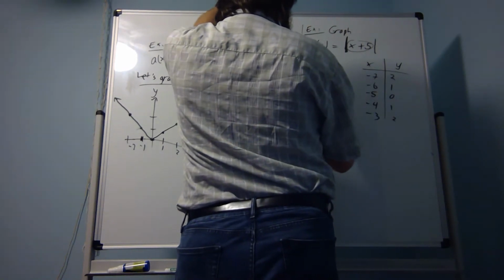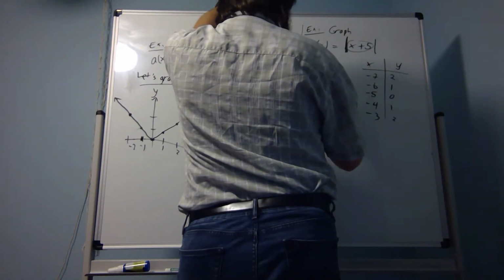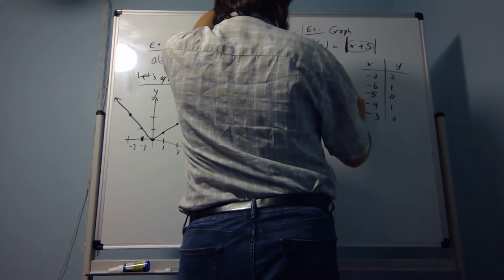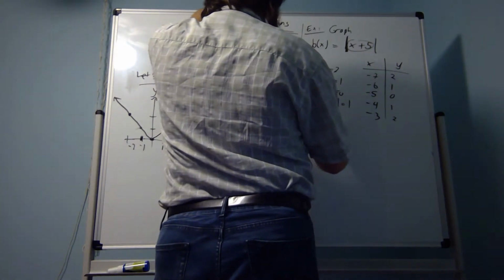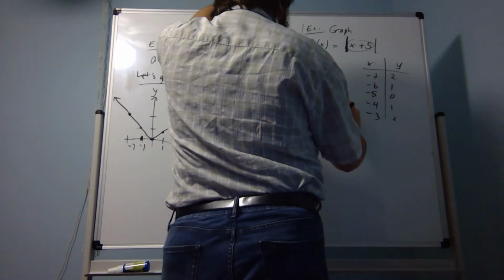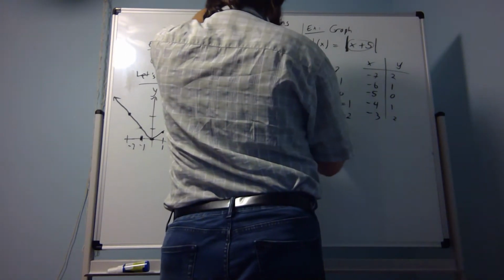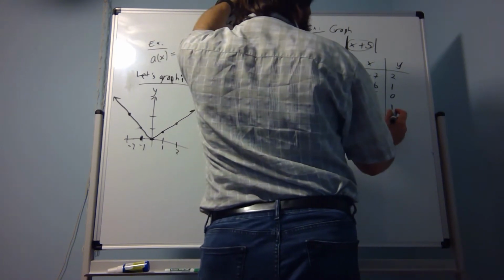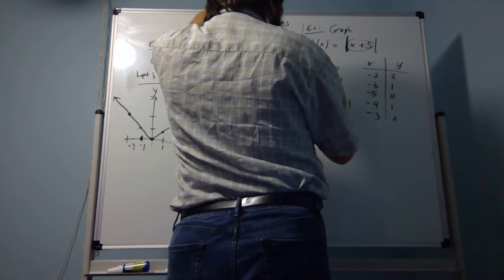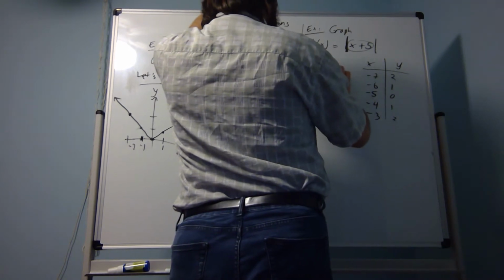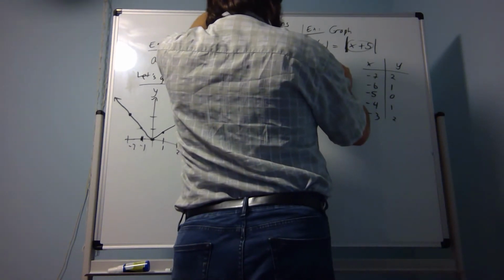You can slow it down and actually compute it if you really want to be totally sure. Absolute value of positive 1 is 1. Absolute value of positive 2 is positive 2. So here are the x values that we're plugging in. The very first one, if I do it in detail, is negative 7 plus 5.